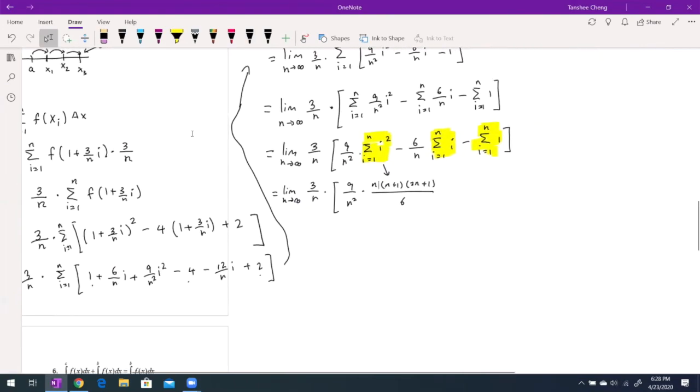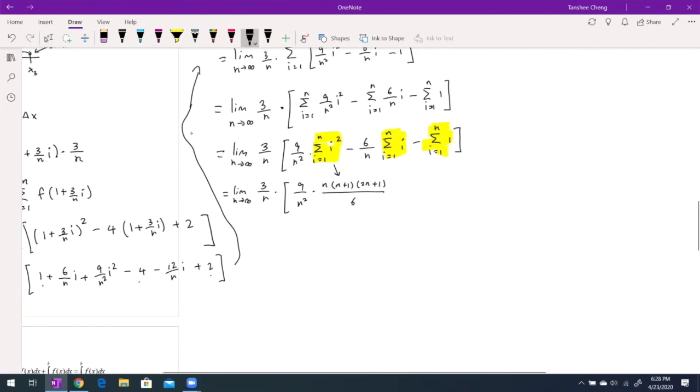Are we good? And then moving on, minus 6 over n, and according to the formula, this summation of i equals 1 to n of i is basically n times n plus 1 divided by 2.